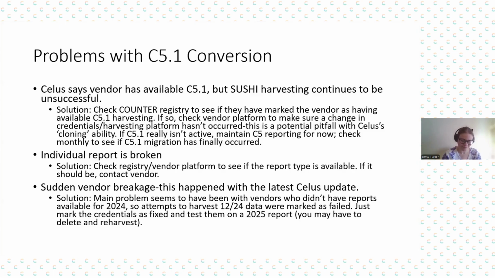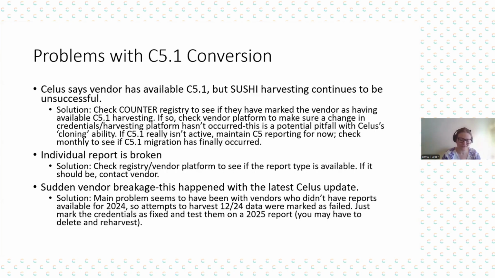A second problem I saw more often than I expected to was an individual report was broken. So it would harvest a DR and a PR, but I couldn't get a good TR from a specific vendor, for example. So again, the solution is to check the registry or the vendor platform to see if the report type is available there. Because if you can't harvest it manually from the vendor platform, then odds are they didn't convert it over, and that information just didn't make it into my radar or to CELUS somehow.